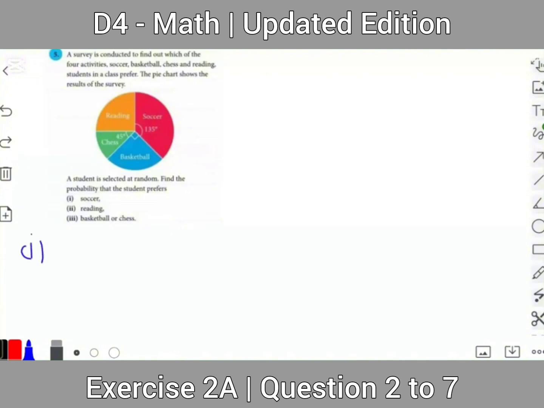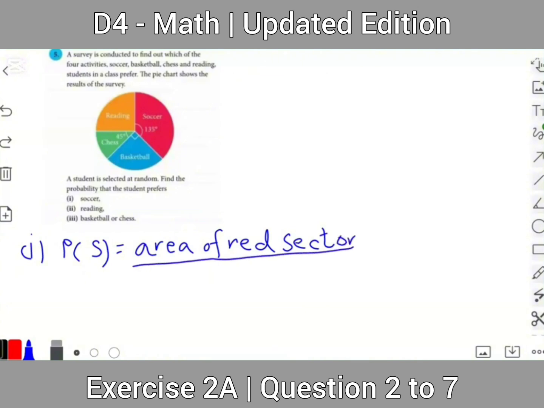So let S be the event that the student prefers soccer. So P of S will be equal to the area of the red sector divided by the area of the circle.